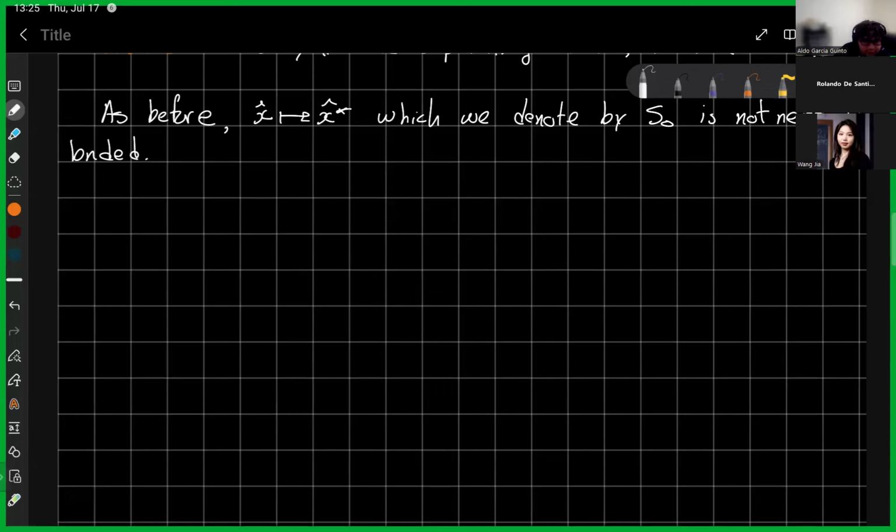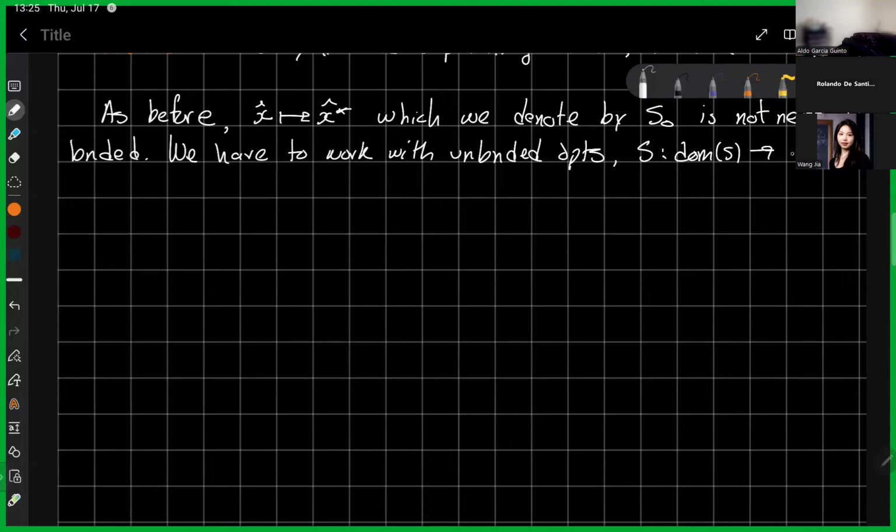So when you're working with unbounded operators, because you can't define the operator entirely on H, you actually define it on some domain of S into H, where the domain of S is some subspace of H.